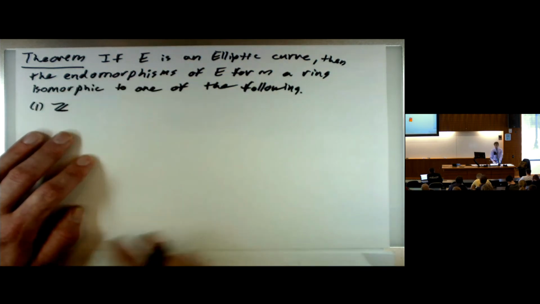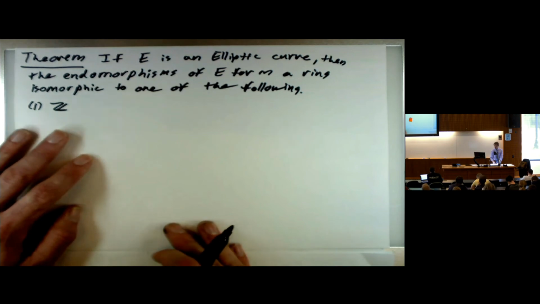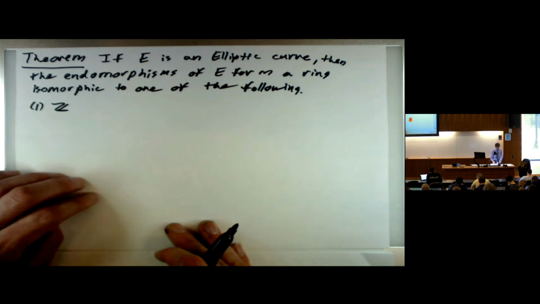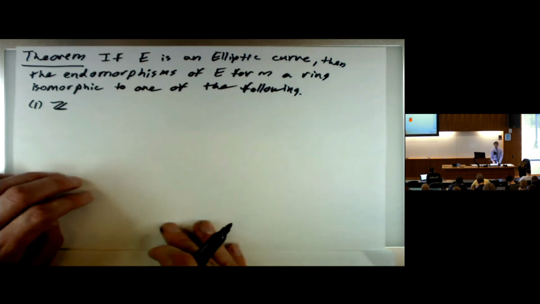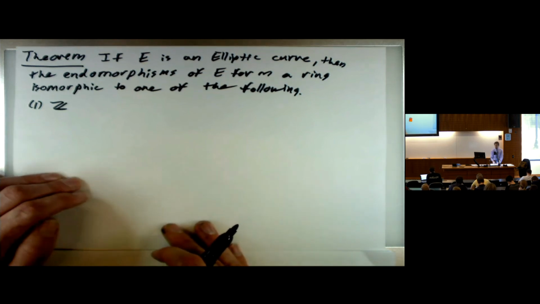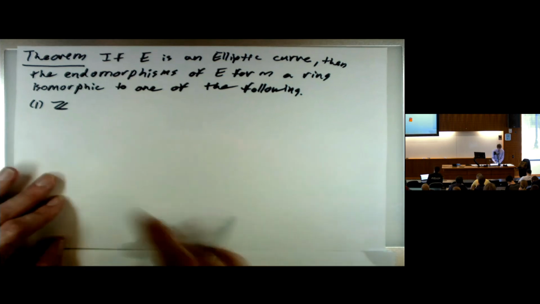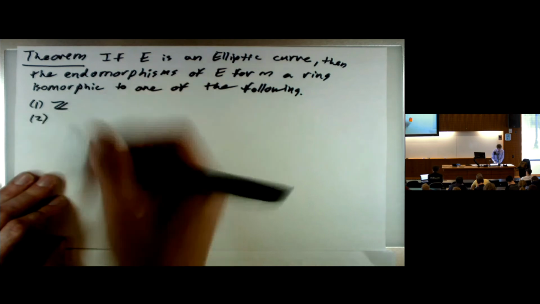Z, hopefully there's no surprise there. We have all the integers available to us as endomorphisms, so that's an option. We could have only those. And that does happen with elliptic curves over the rationals, say.